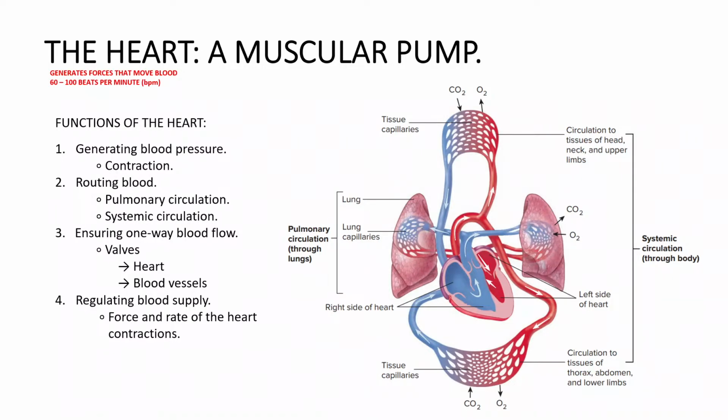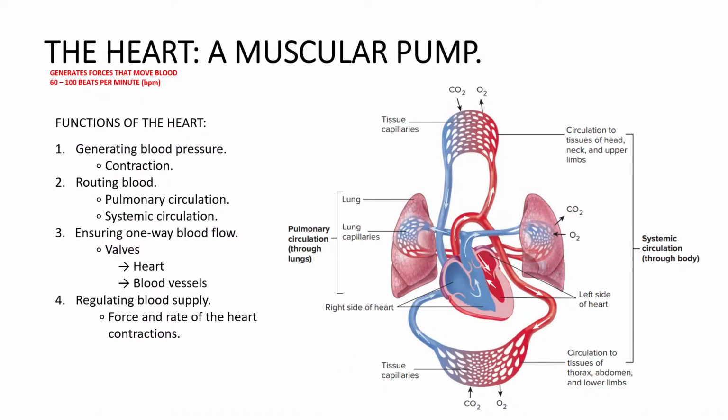Let's proceed. So systemic circulation is just the pumping of blood throughout the body to all the cells in the body, your head, your legs, to everywhere in your body. And this is made possible by the aorta.